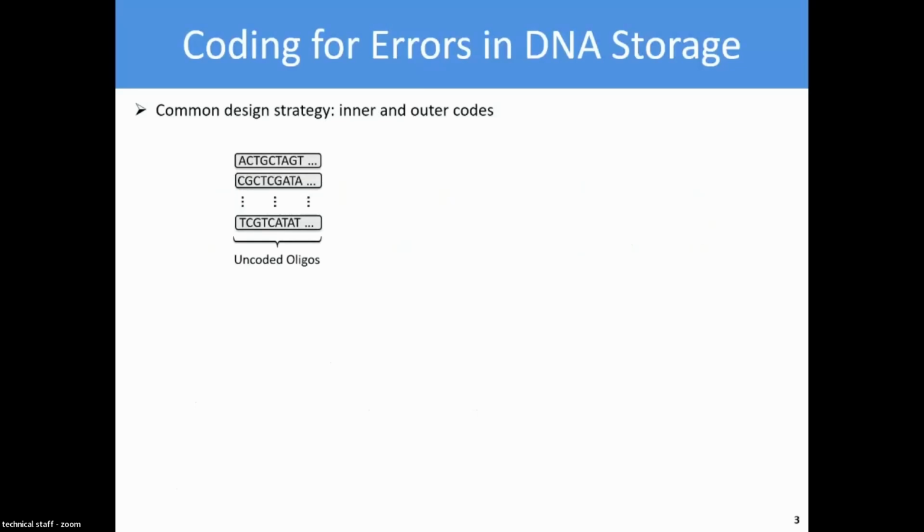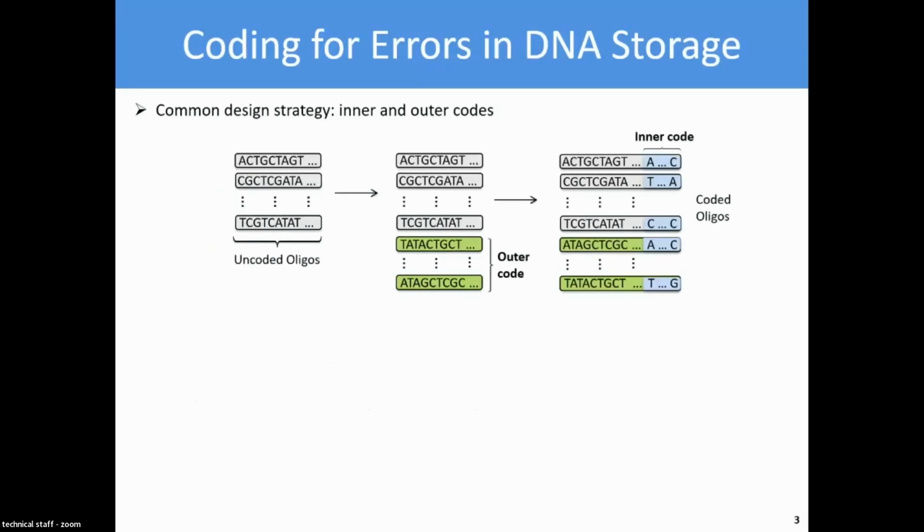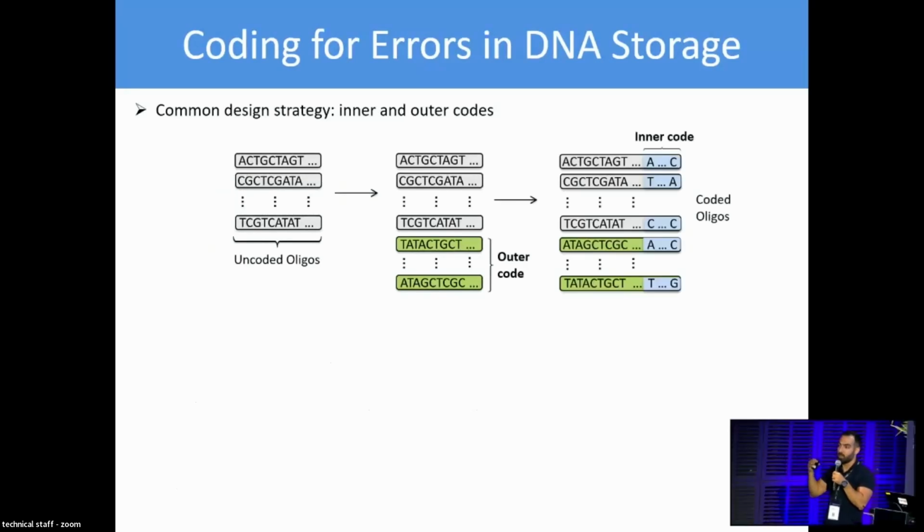And a common design strategy is using an inner code and an outer code to use error correction in DNA storage. So with the outer code, you basically generate redundant oligos in your system. And with the inner code, you add redundancy within each oligo in your system.